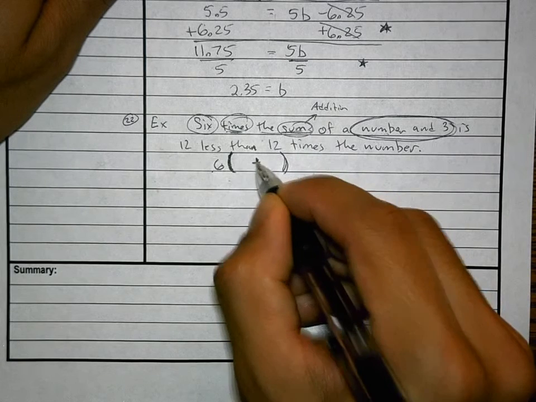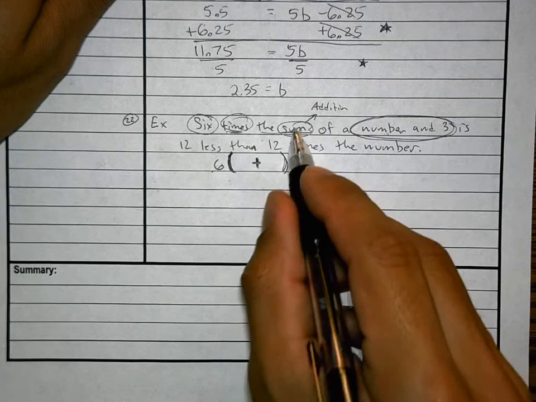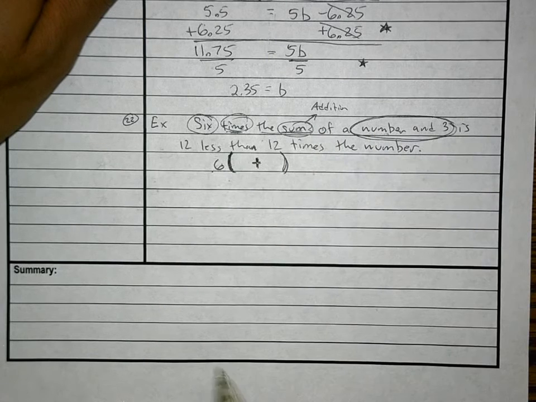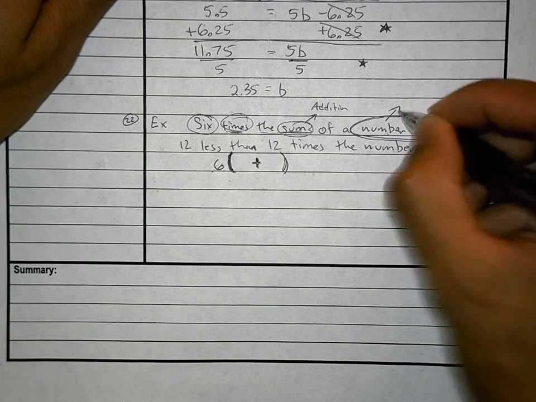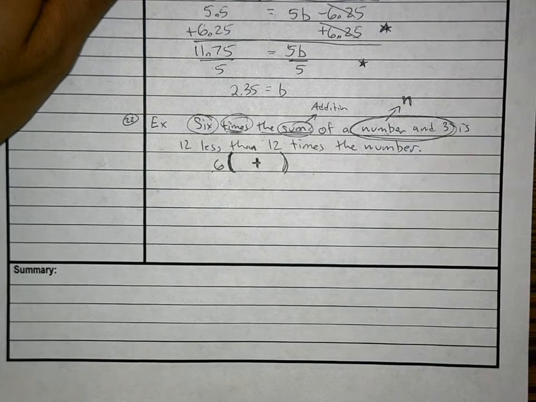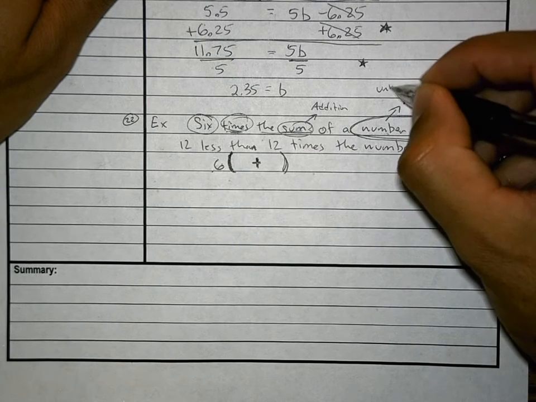6 times a sum of, that means 2 things, a number and 3. I don't know what that number is. The number is going to represent a variable. It's an unknown number. So I'm going to put an n.